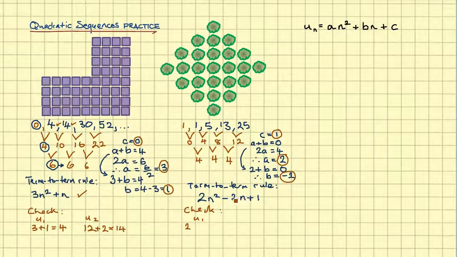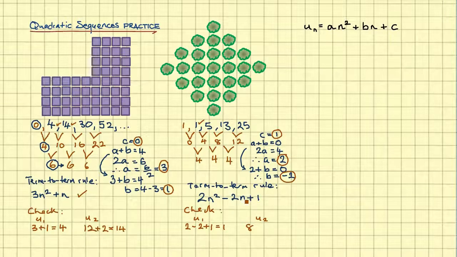Again, just working on the first two terms will do. So u1 is going to be 1 squared is 1 times 2, that's 2. Minus 2 times 1, 2, so minus 2 plus 1. Equals, well, 2 minus 2 is 0, plus 1 is 1. So our first term should be 1. If we go up here and check, it is 1. Okay, so u2, let's do that over here.